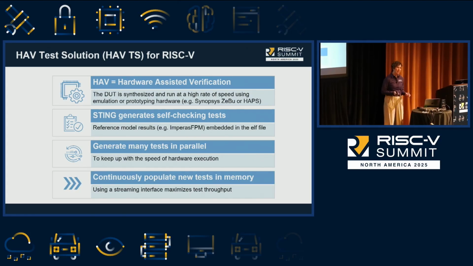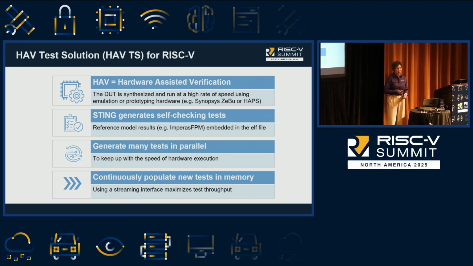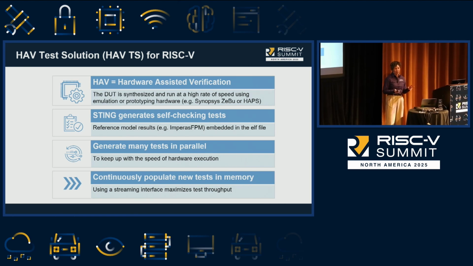What makes these tests self-checking is that we can use a reference model to embed the self-checking results inside the ELF file. So they can be self-checked even on a platform that doesn't have any visibility to the outside world. Right? And now the challenge for us is that we now need to keep up with the speed of hardware.